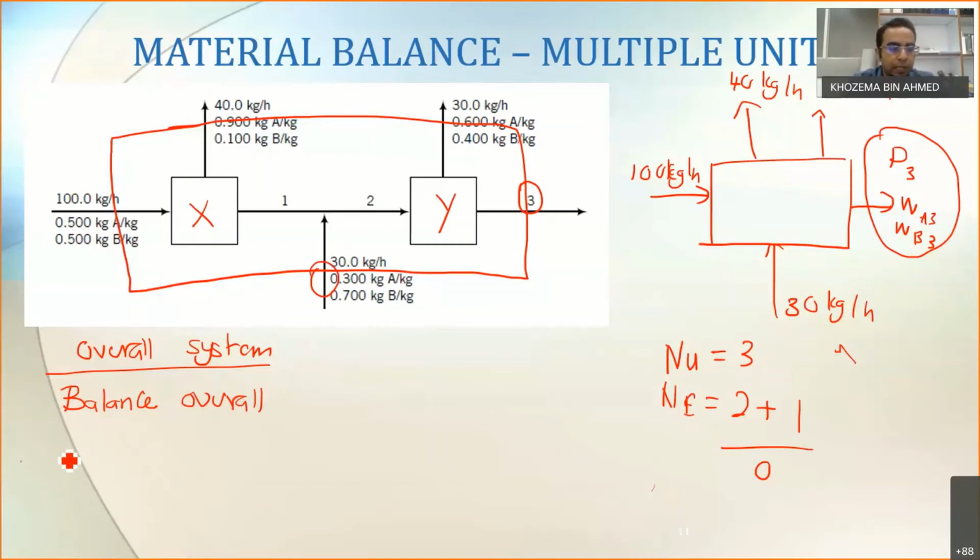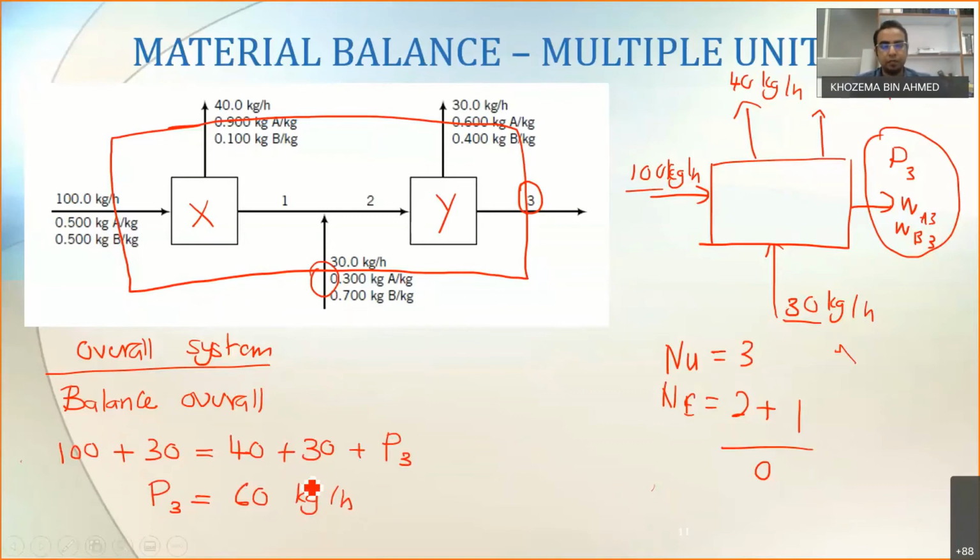On my input side, I have 100 plus 30. This one and this one are my input, and everything else is my output. So 100 plus 30 equals 40 plus 30 plus P3. From here straight away I can get the value of P3 is equal to 60 kg per hour. So I've solved for one of my variables here.